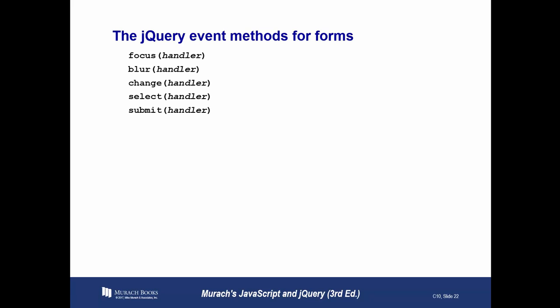The change method is run when the value in the selected element is changed. All right, the submit method runs when the submit event occurs. That event occurs when the user clicks on a submit button or when the user moves the focus to the submit button and presses the enter key.